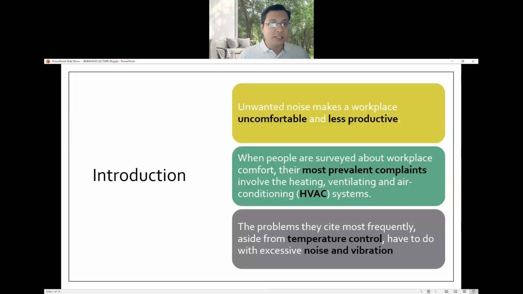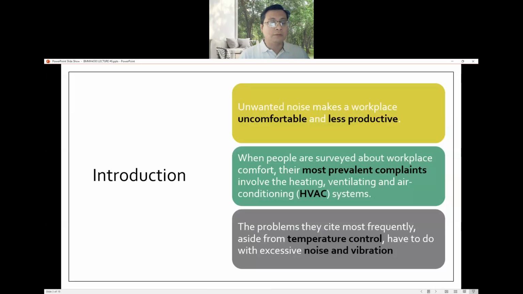Actually, an air conditioning system can also create noise, and that is also considered uncomfortable. Maybe we can realize this happens in our building in F3, where some units can be very noisy.